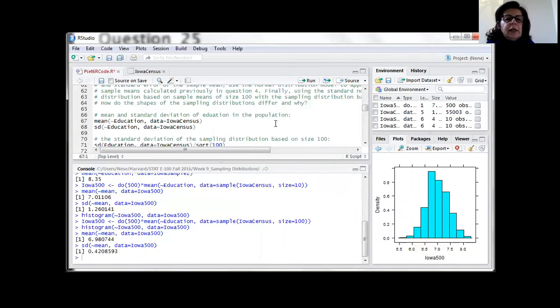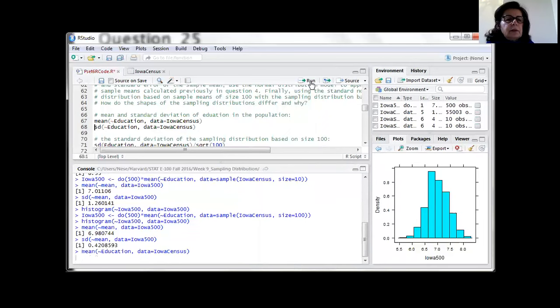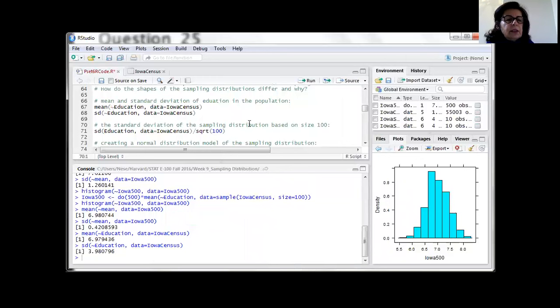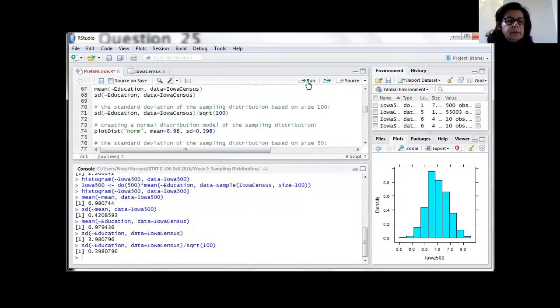Mean and standard deviation of education in the population. Let's look at this again: 6.97, and standard deviation is 3.98. And the standard deviation of the sampling distribution for the sample size of 100, let's look at it. It is 0.398.